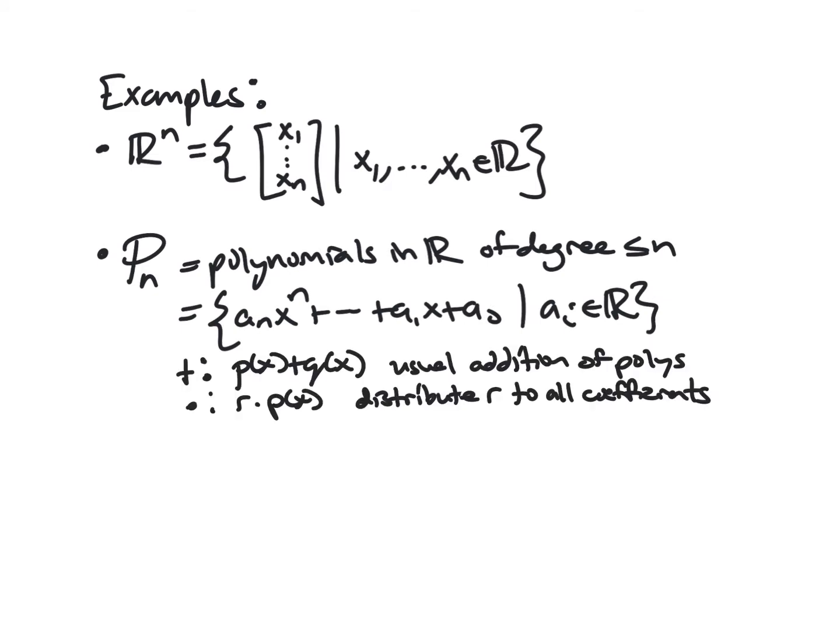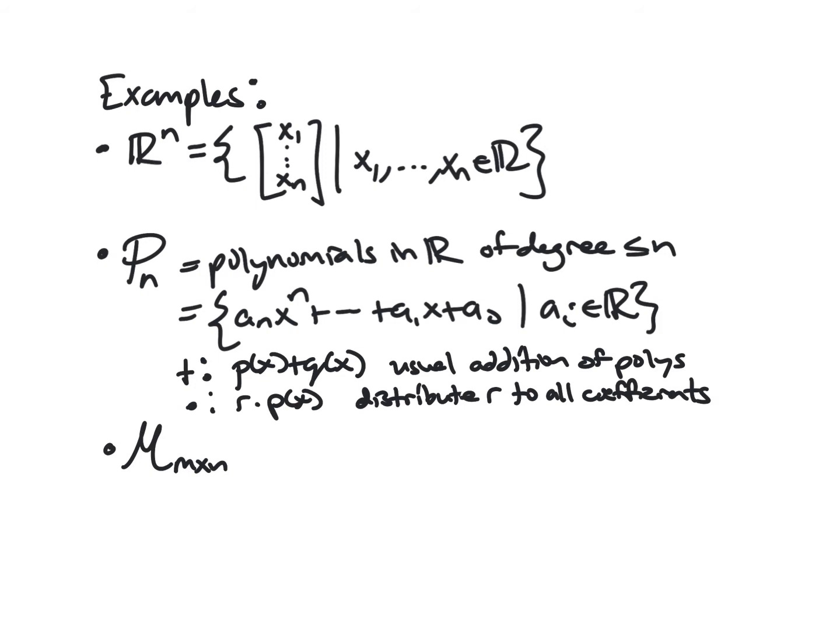And one thing that we should mention here is the two operations. The plus is just your usual addition of polynomials, and the scalar multiplication is exactly what you would expect as well, that you distribute the scalar to all the coefficients when you multiply it by a polynomial.